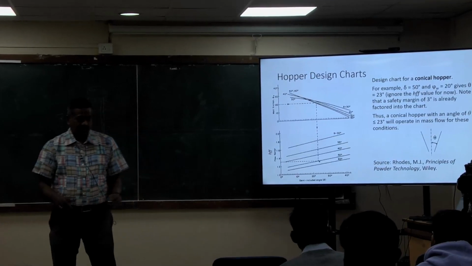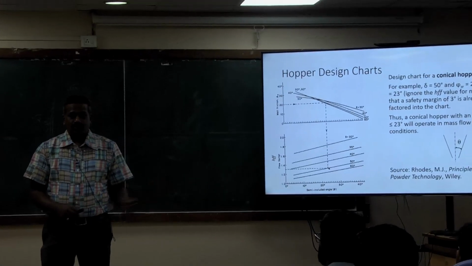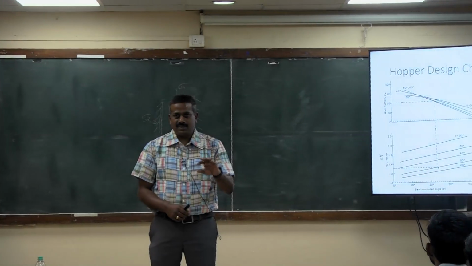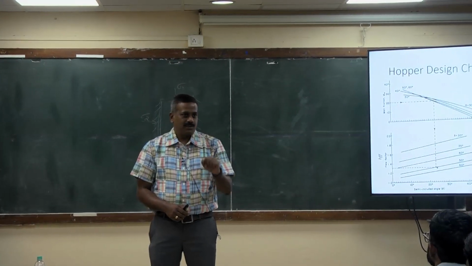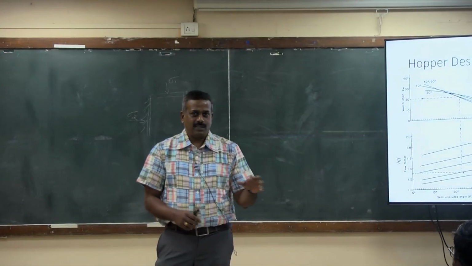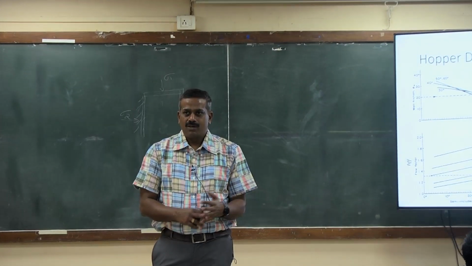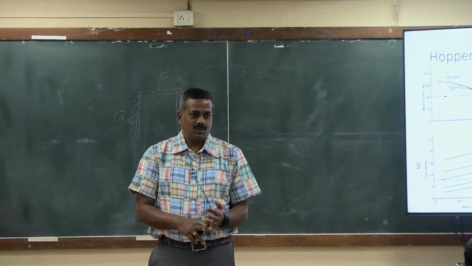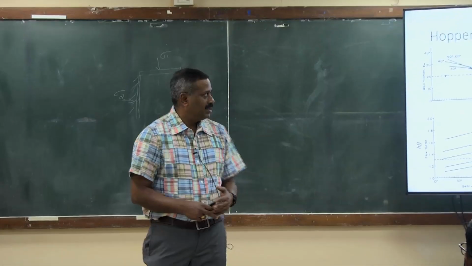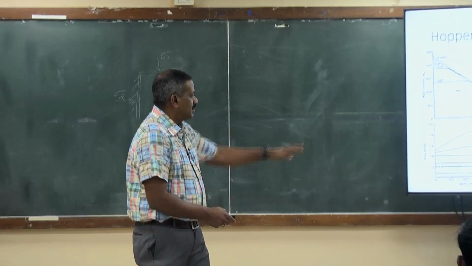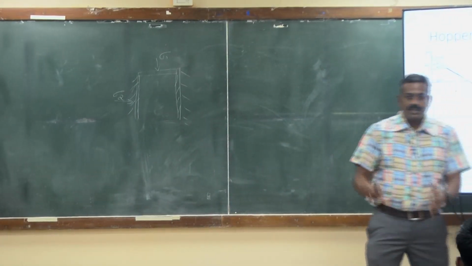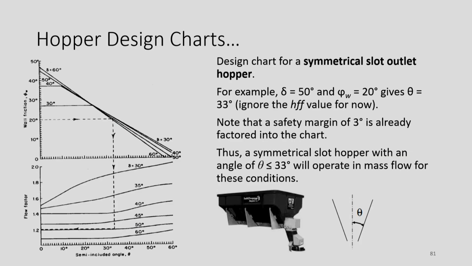The good thing is, you don't have to do most of these calculations. Jenike has done all these calculations and developed charts. We just have to use those charts and find the appropriate angle for different types and shapes of hoppers, like a conical hopper, a rectangular hopper, or symmetrical slot outlet hoppers, which have a slot at the bottom that opens.